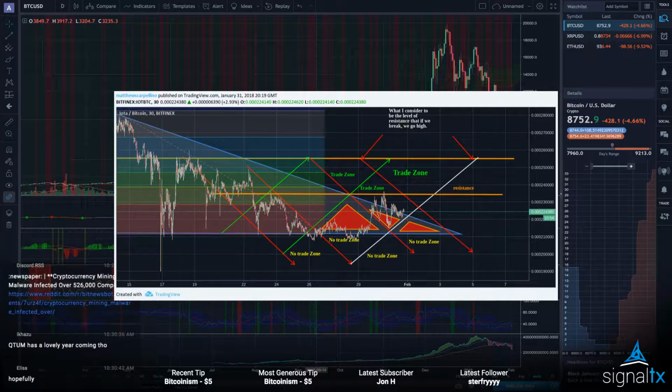So has anybody got any up and coming coins that they feel this year is a great project? Because there's one that I've really been trying to make a lot of people aware of before I go, because I have to go in a second, and that is Gollum.